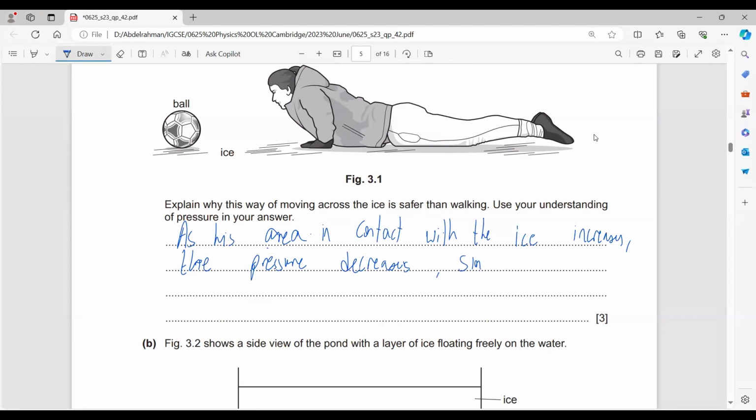Since pressure and area are inversely proportional. Pressure equals force over area. Here, that's it.